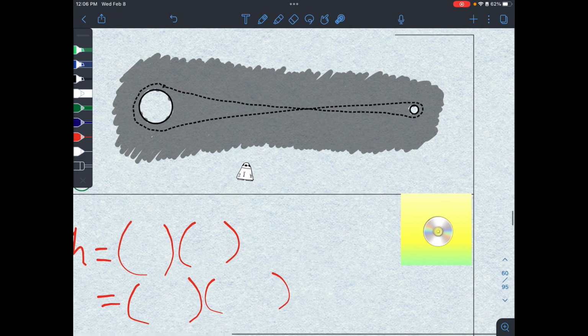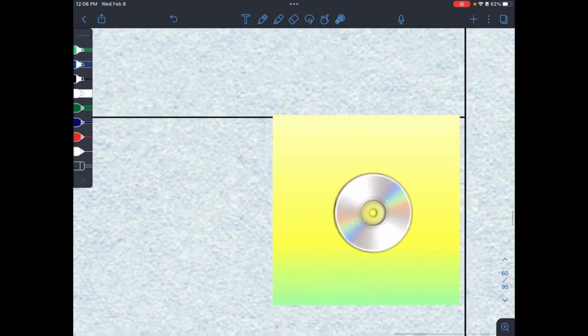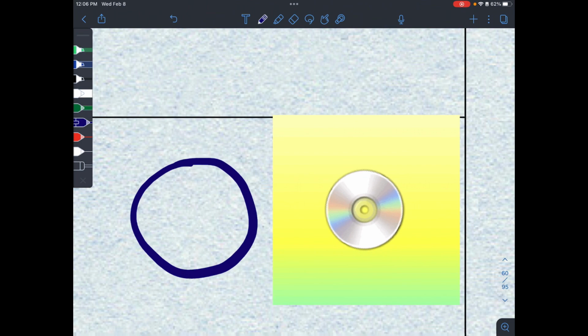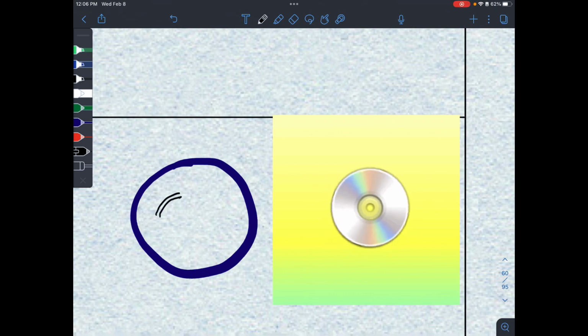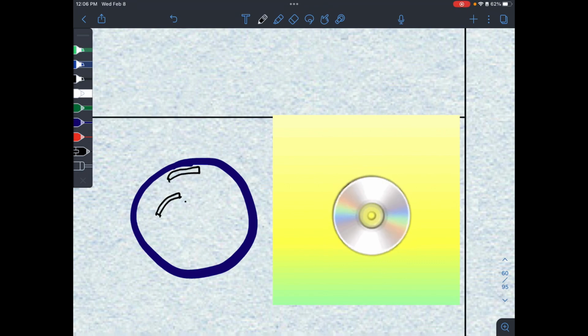You might have seen a CD or two in your life. If you could zoom into that CD microscopically, there are these little sectors, and the outer sectors have longer lengths.